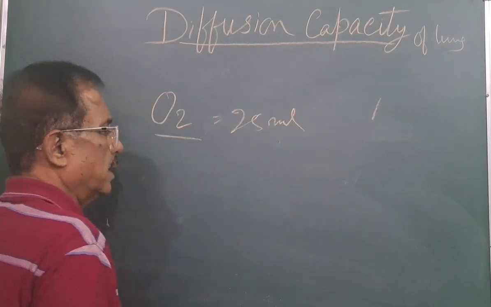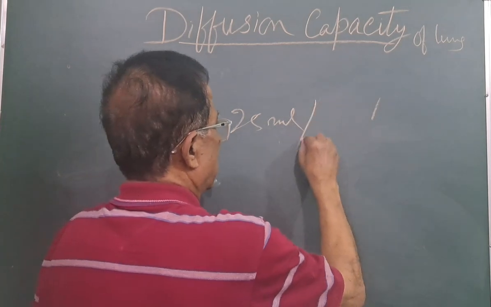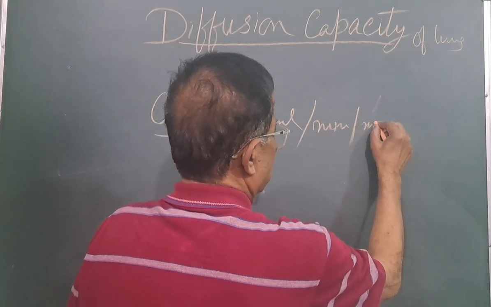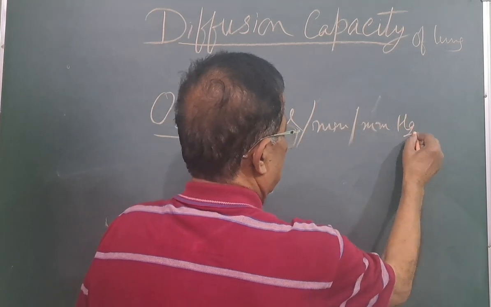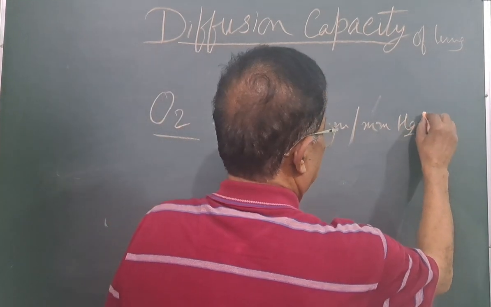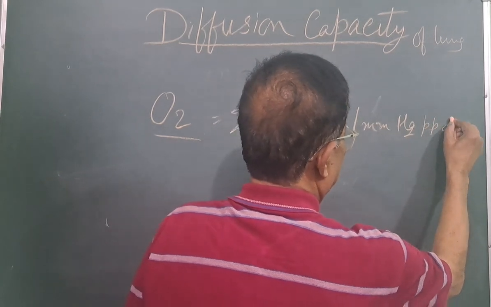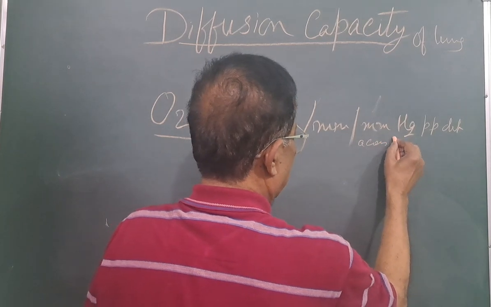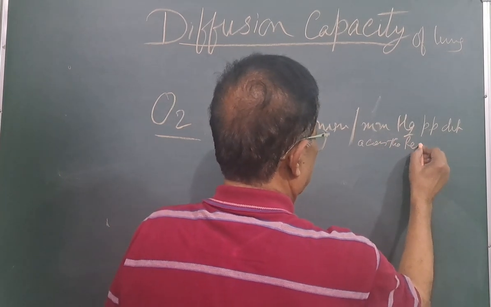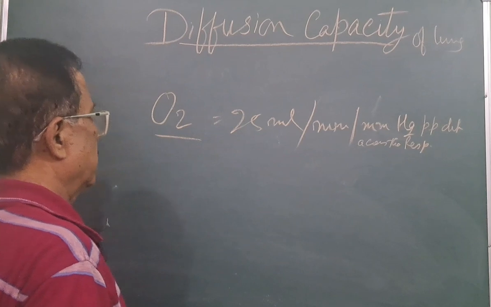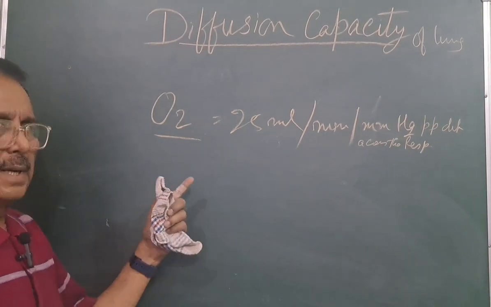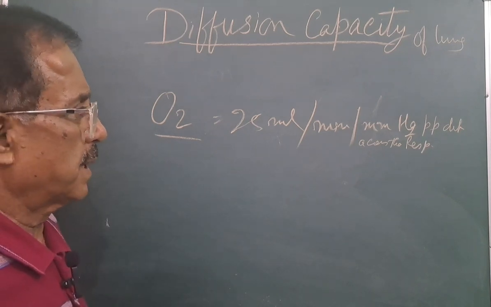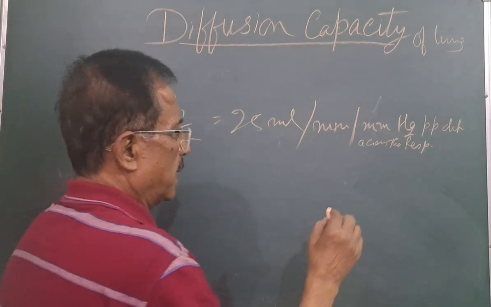It is expressed in milliliter per minute per millimeter of mercury partial pressure difference across the respiratory membrane. Oxygen diffusion capacity is 25 milliliter per minute per millimeter mercury, partial pressure difference across the respiratory membrane.